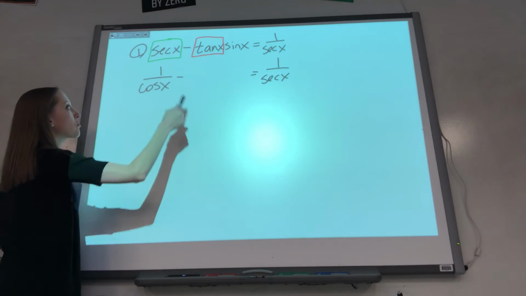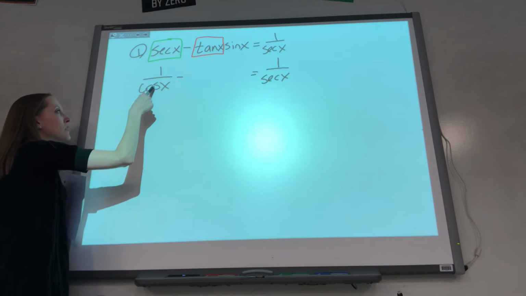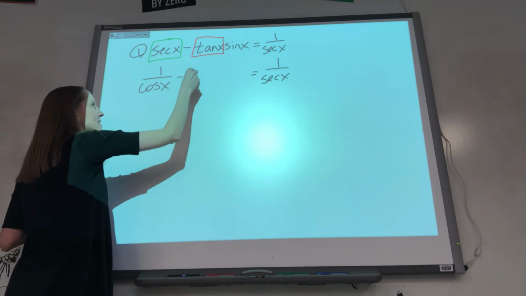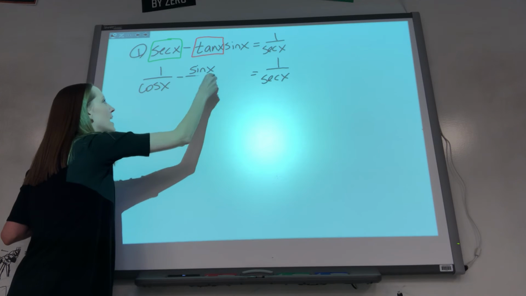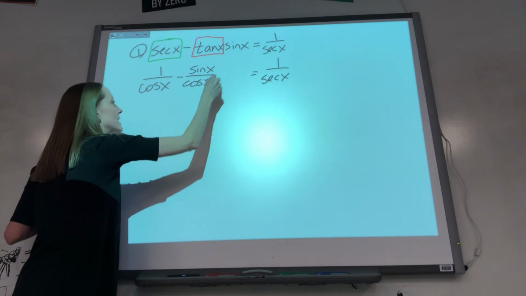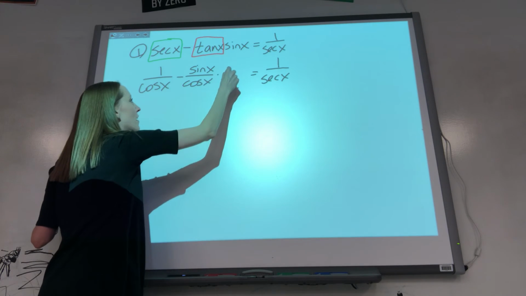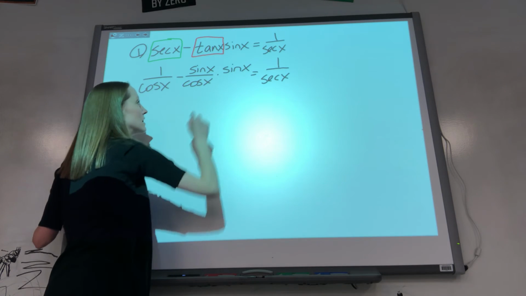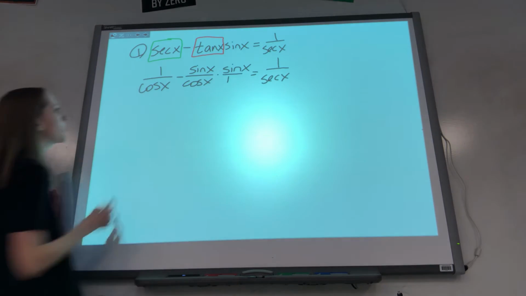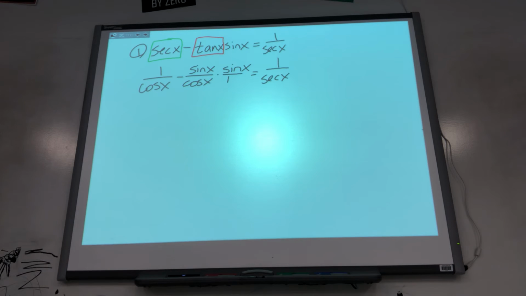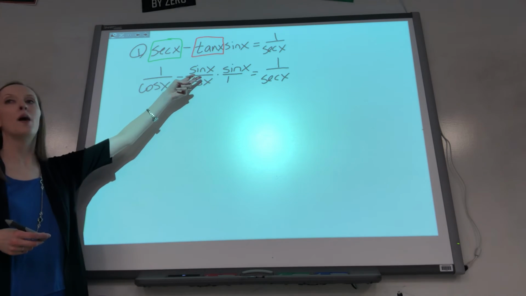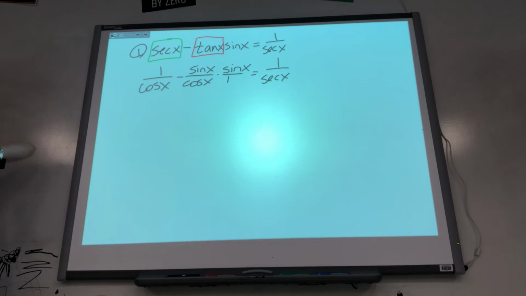I'm doing more than I'm writing. This is the reciprocal. This is a quotient identity. And I'm just going to leave sine of x alone, or even better, I'm just going to put it over 1. I don't need to change it because it already has something in common with this.